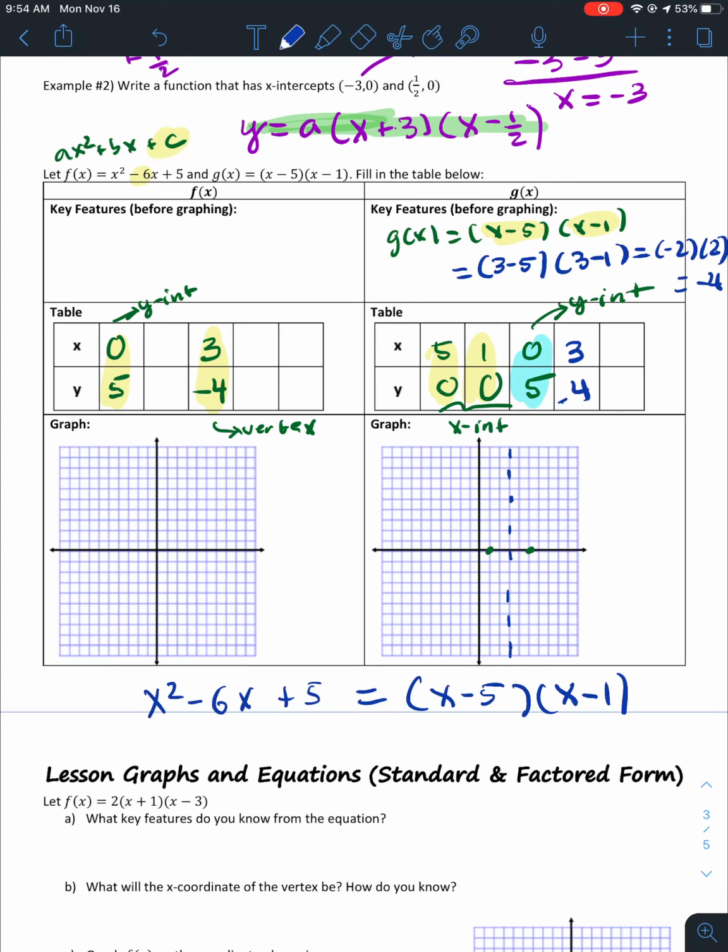So 1, 2, 3, 4, so that's right here. So we know our graph looks like that, and that's going to be the same graph over here. This tells you a little bit about the two different forms, the advantages, disadvantages, what you can find, what you cannot find. I hope that helps.